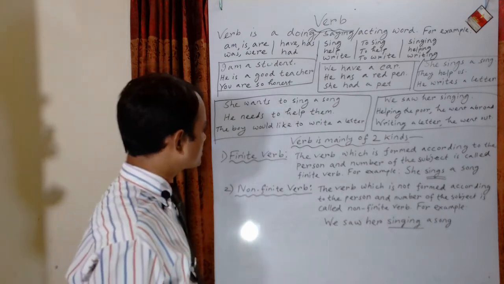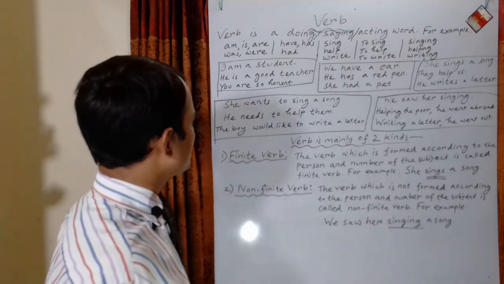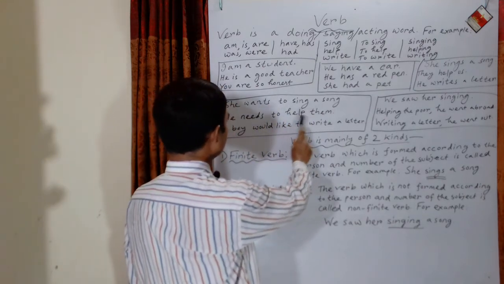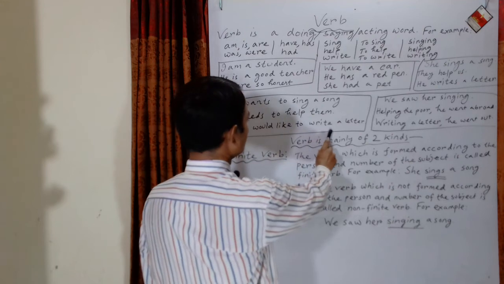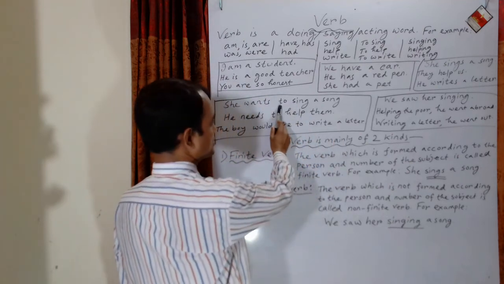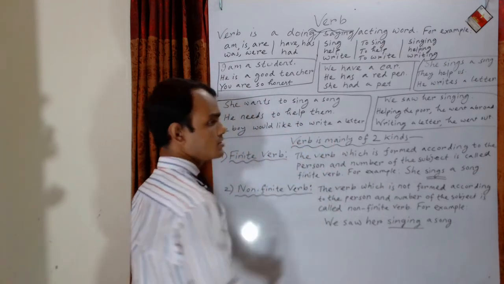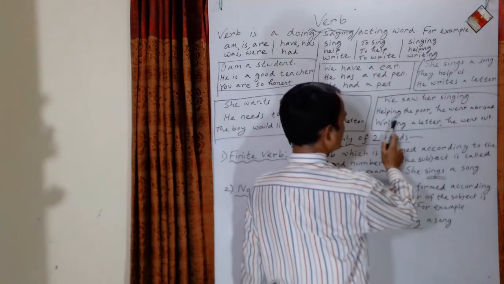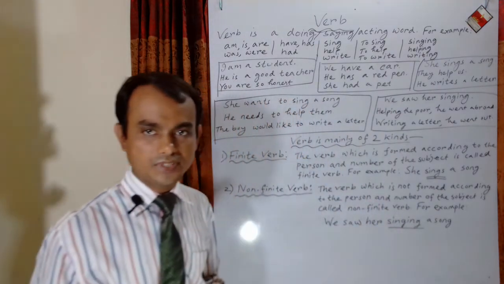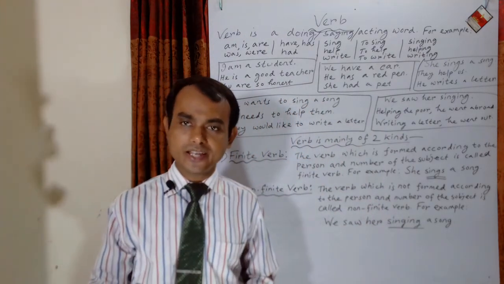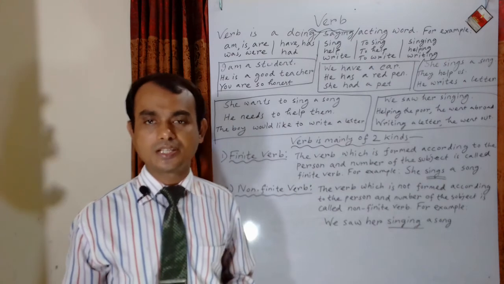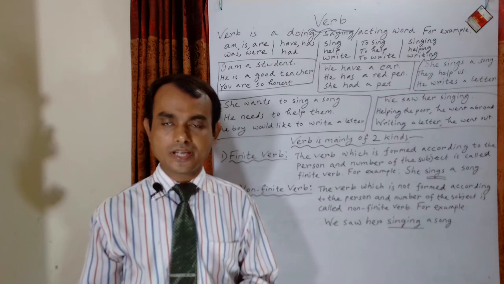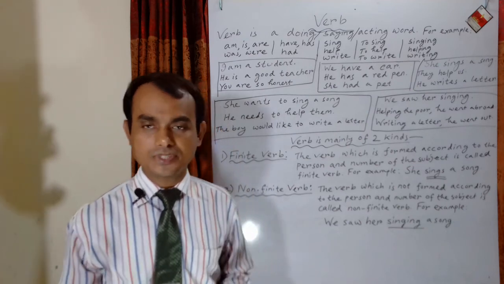Dear students, she wants to sing a song, he needs to help them, the boy would like to write a letter. To sing, to help, to write, they are non-finite. And singing, helping, writing, they are also non-finite. Whenever you will add ing at the end of the verb, there will be non-finite. Whenever you will add to at the beginning of the verb, there will be non-finite.